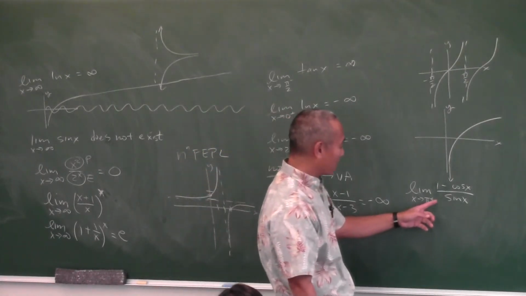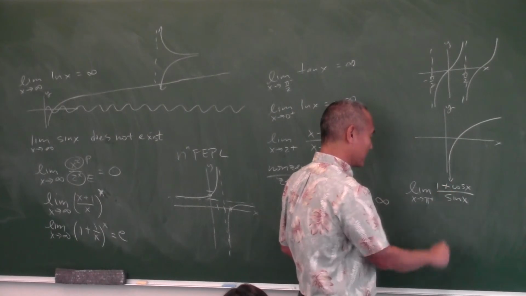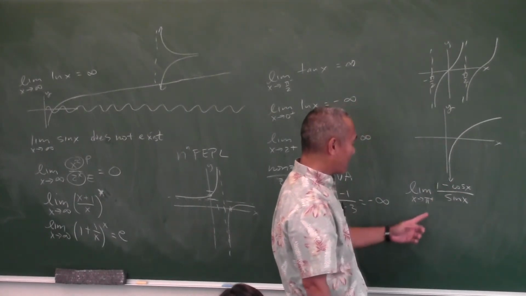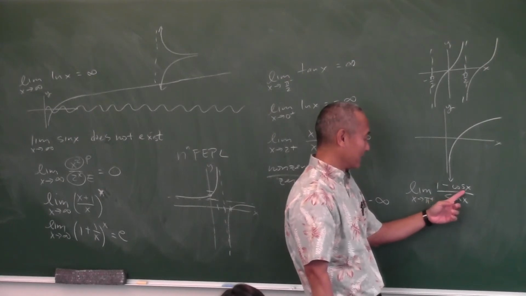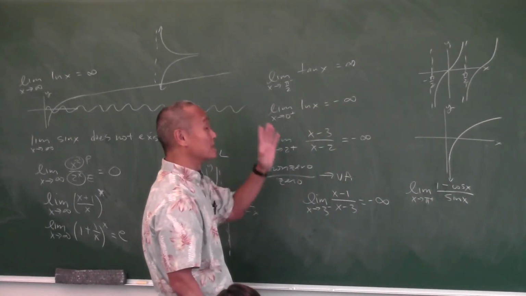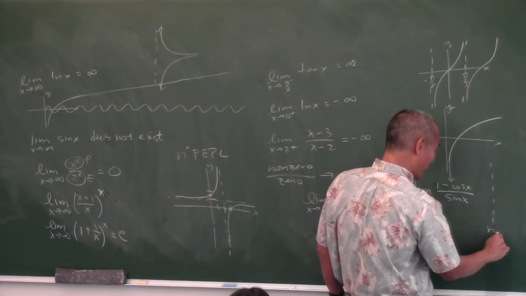Because when you plug in pi, what happens? You get 2 over 0. Non-zero over 0 means there's a vertical asymptote there. So at x equals pi, there is a vertical asymptote.